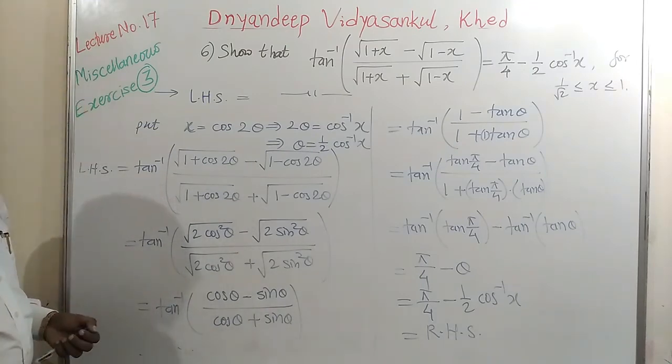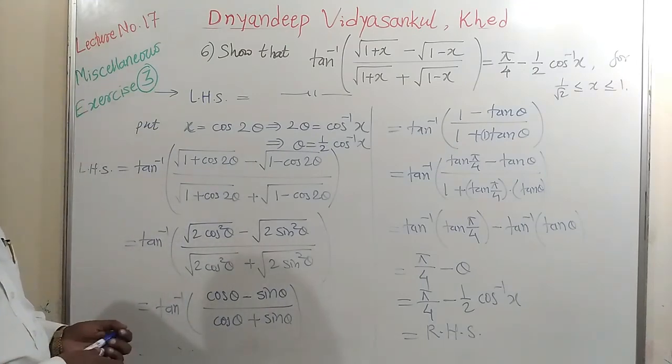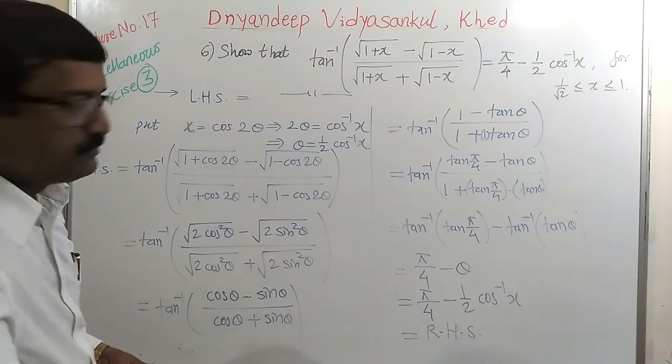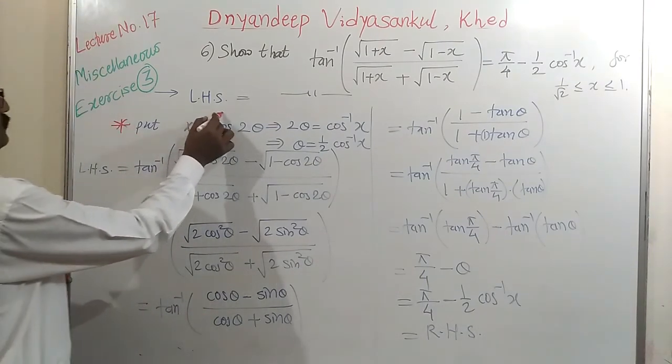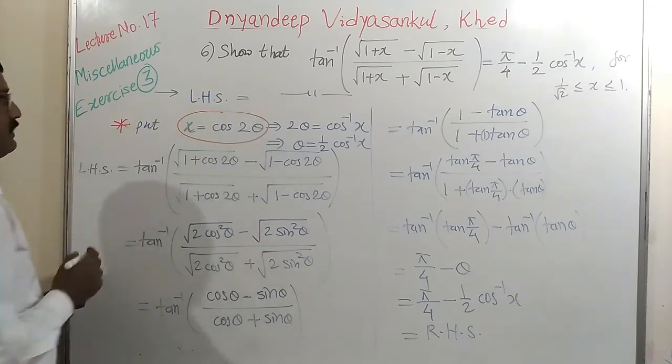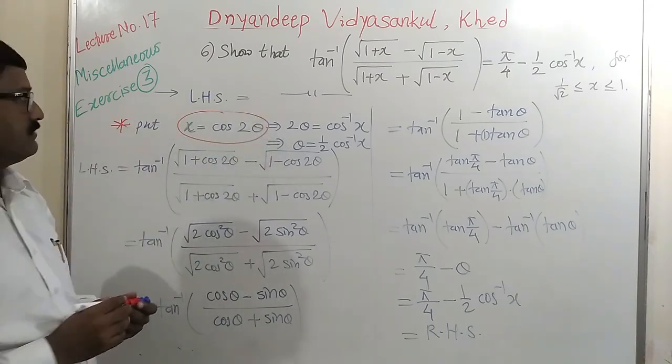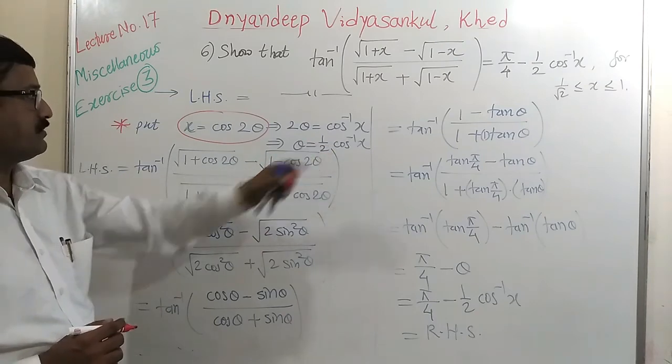Okay, so this one is also easy. The most important thing to remember is what to put here. This step is very much important. Remember that you put x equal to cos 2 theta, so that you get theta equal to half of cos inverse of x.